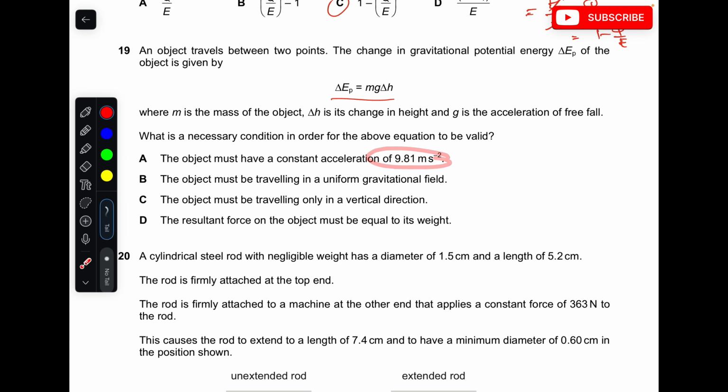No, this is not mandatory. This can be applied to any scenario. Even if it's on another planet where 9.81 is not the acceleration, it can be applied. B: the object must be traveling in a uniform gravitational field. Yes, because this g is taken as constant, it should not change. If it is changing, then you have to consider different scenarios.